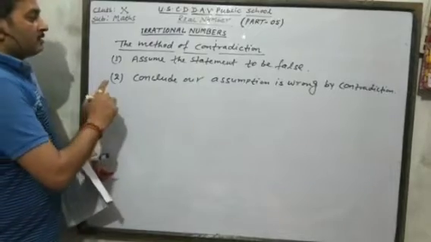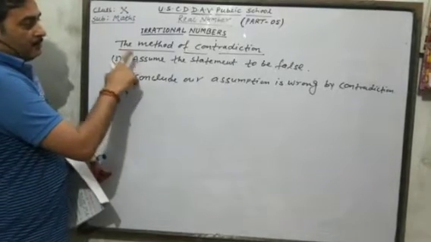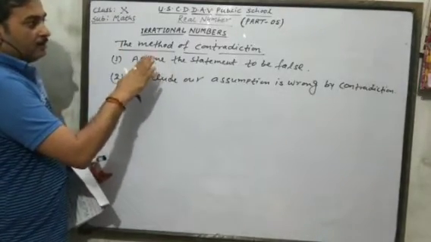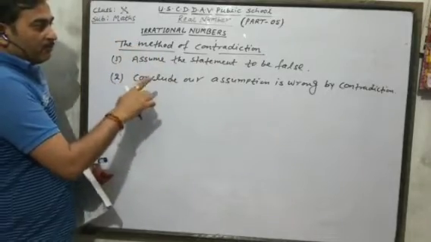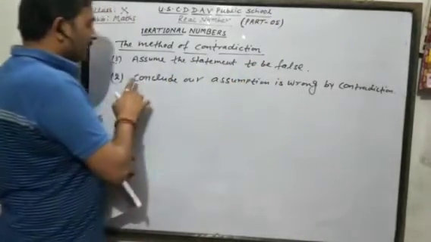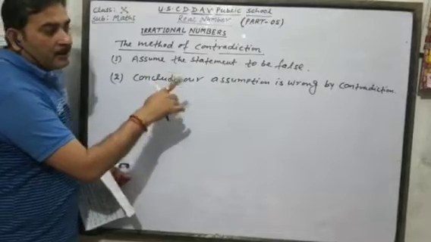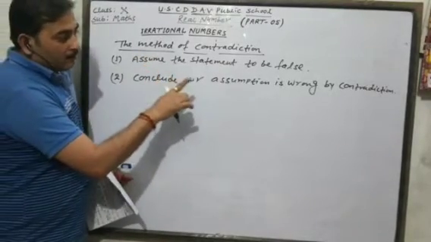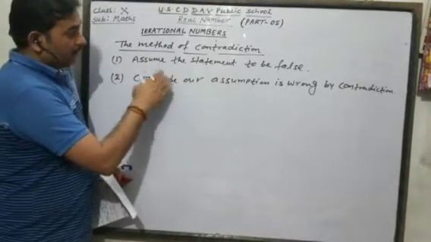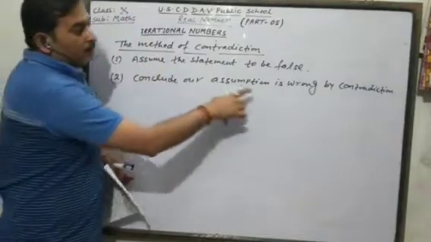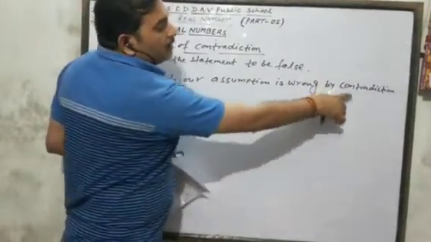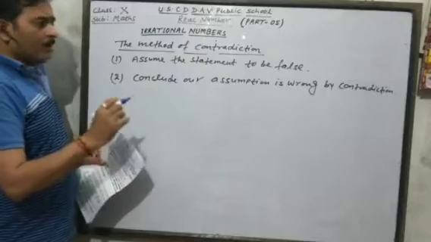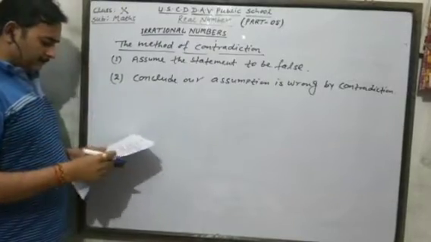So first of all, assume that the statement that has to be proved is false, and then conclude that whatever we have assumed is wrong by contradiction. Let us see an example.